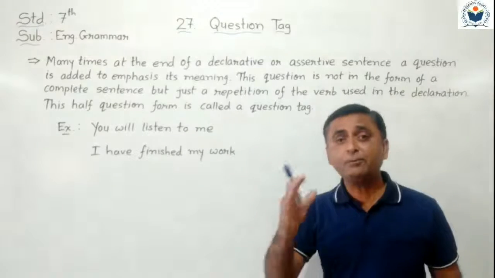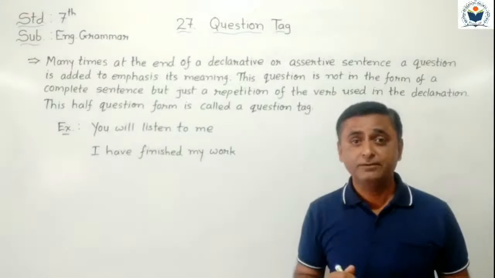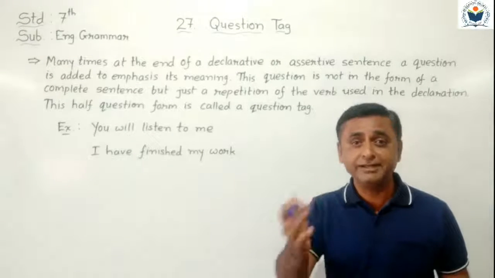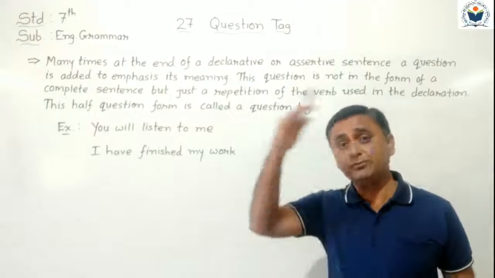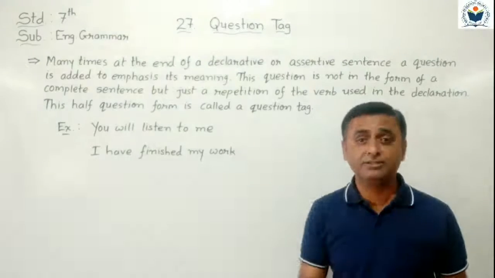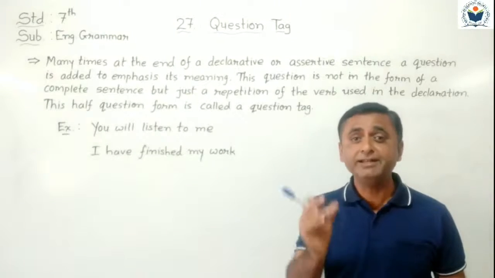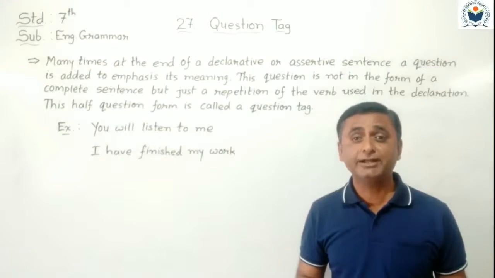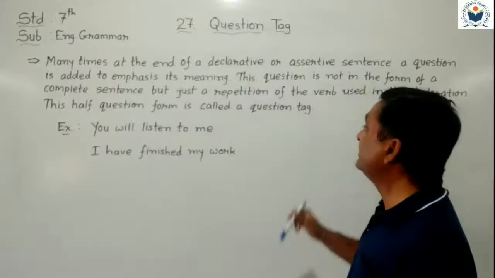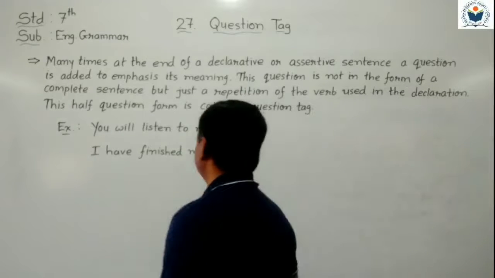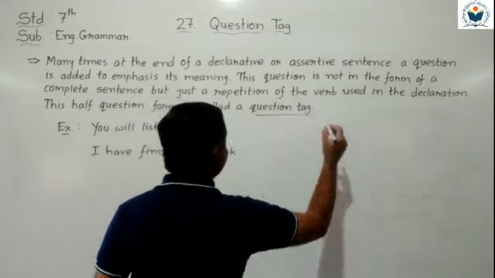It is one type of repetition of the verb. The verb used in a declarative or assertive sentence, we have to repeat at the end of the sentence, and we form a little question. It is known as a question tag. This half question form is called a question tag.